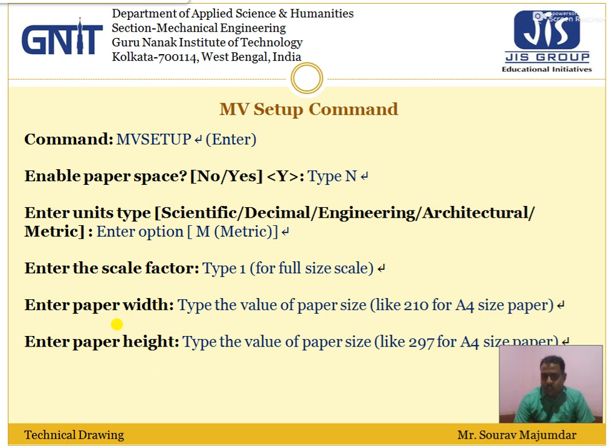Okay, so in that case, we will go for generally A4 size page, because after drawing in the AutoCAD software, you have to print your drawing. So whenever you go for your print option, in the printer only A4 size page is available. Okay, so that's why in your computer screen you have to set your page as an A4 size page.